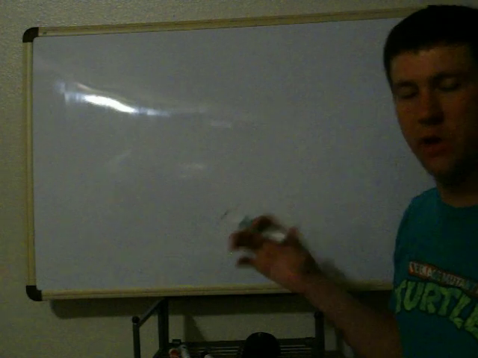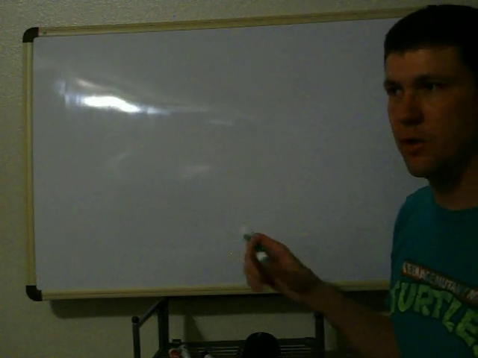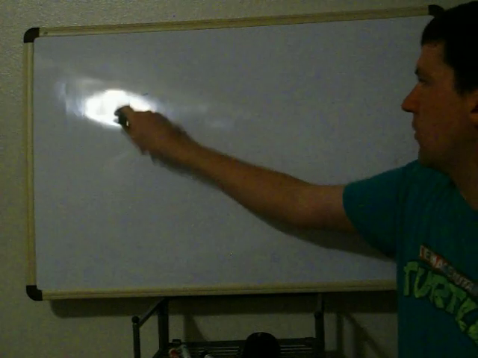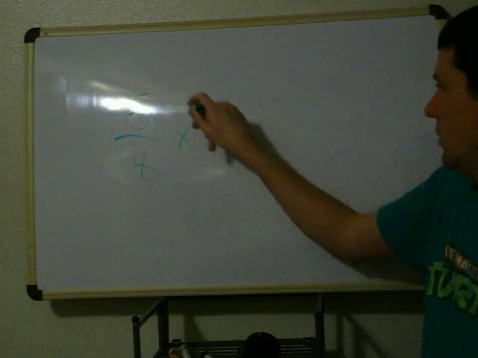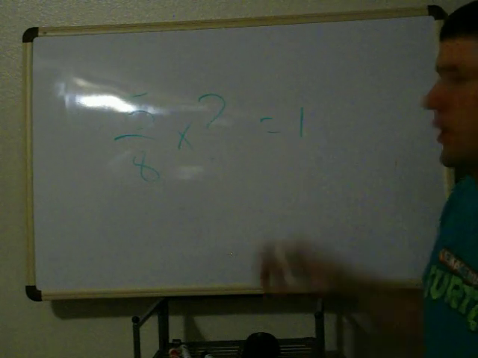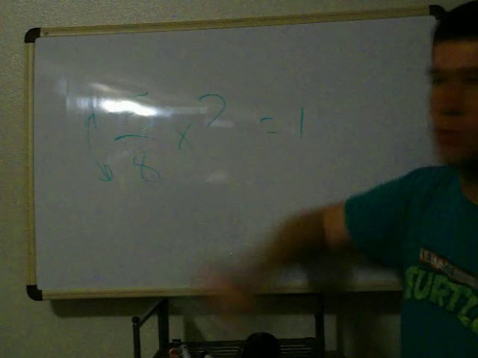Alright, next thing I'll talk about is reciprocals. When you have a fraction, the reciprocal is a number that when you multiply it, you get 1. So 5/8 times its reciprocal is 1. The easiest way to do it is just to swap it out.